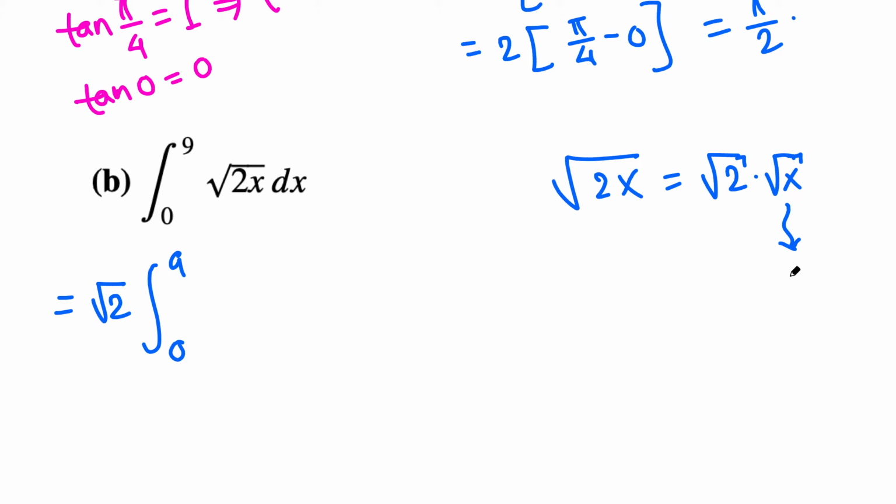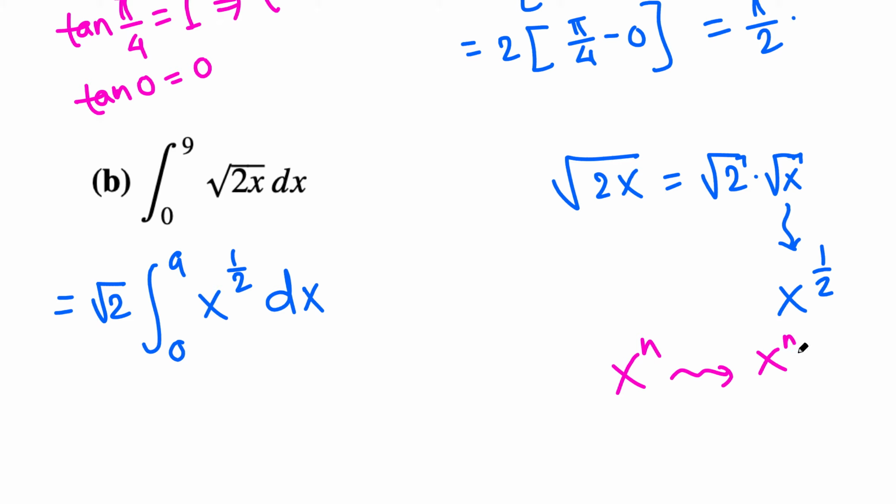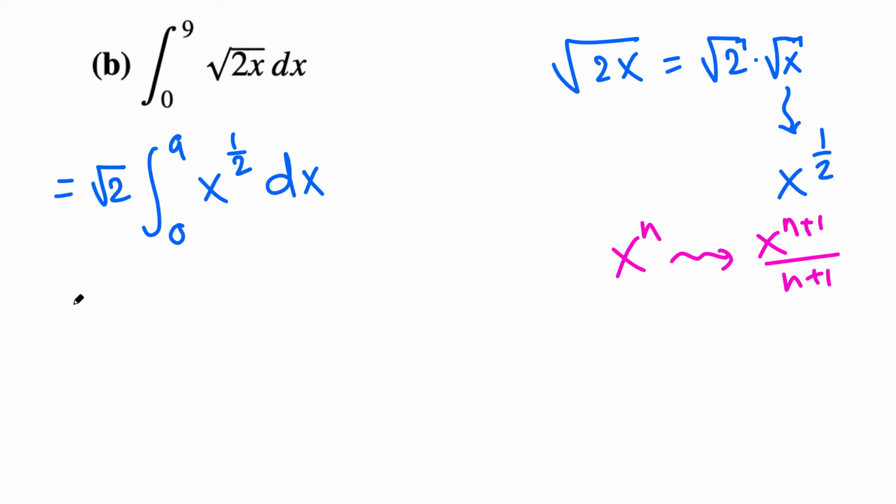And root x is what? x raised to 1/2, by the way. I'm going to write root x in this form. It's like x raised to n, and we know that the power rule when we have x to the n, its antiderivative is x to the n plus 1 over n plus 1, as long as the bottom is not 0. So that's the case here.